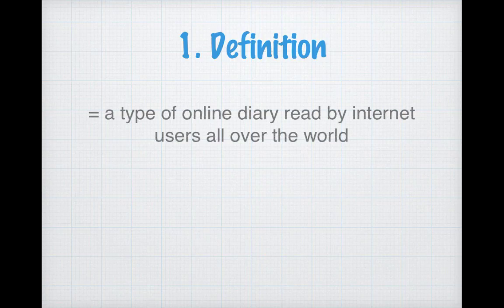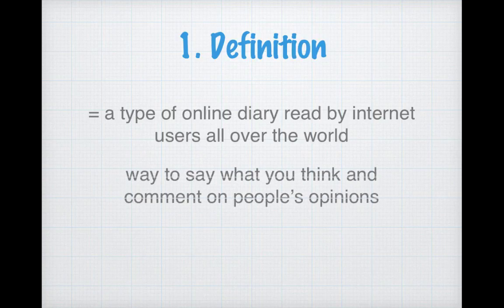So a common definition of a blog is that it is a type of online diary that is basically read by internet users all over the world. And a blog is also a platform where you can say what you think and also comment on other people's perspectives and opinions.